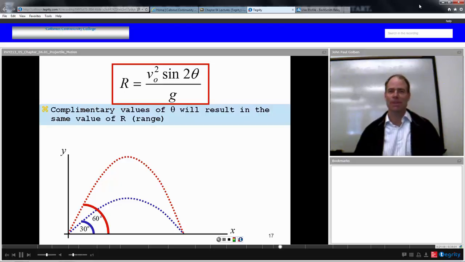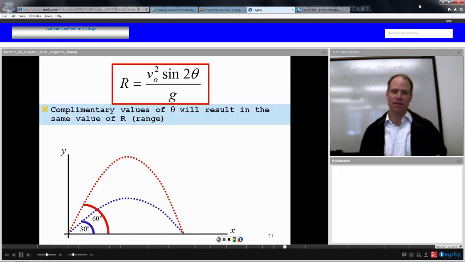Why? Because the sine of 2 times 30, which is the sine of 60, is the same as the sine of 2 times 60, which is the sine of 120. They both have the same value in a positive direction. So sine of 2 theta is the same for complementary angles.